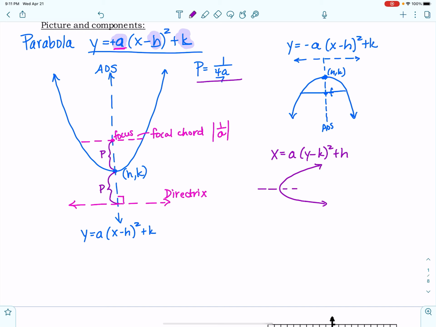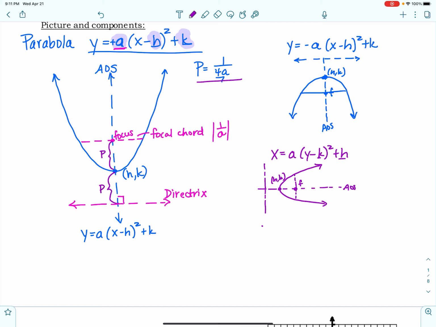So now your axis of symmetry is this way. Your directrix is here. Your vertex is still (h, k), even though the values have switched location. And your focus is right here, focal chord right here.